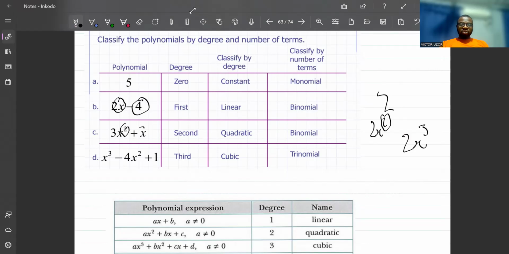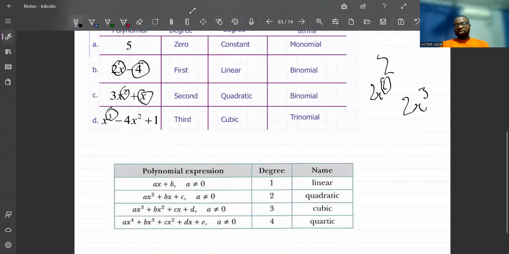On the third one, by degree it is third degree because the highest power is 3, and classified by degree it is cubic. And classified by number of terms it is a trinomial, meaning there are three terms there.